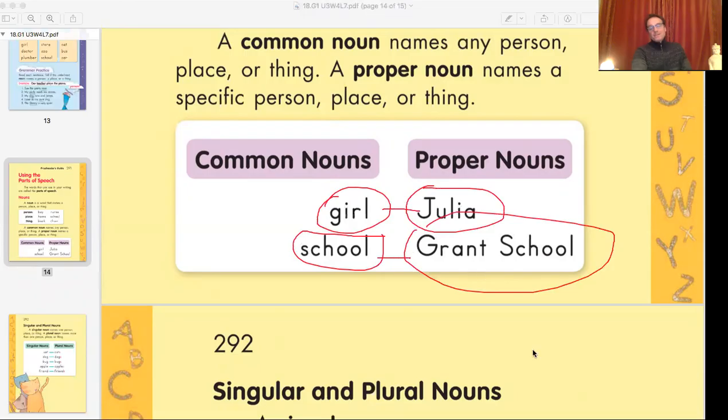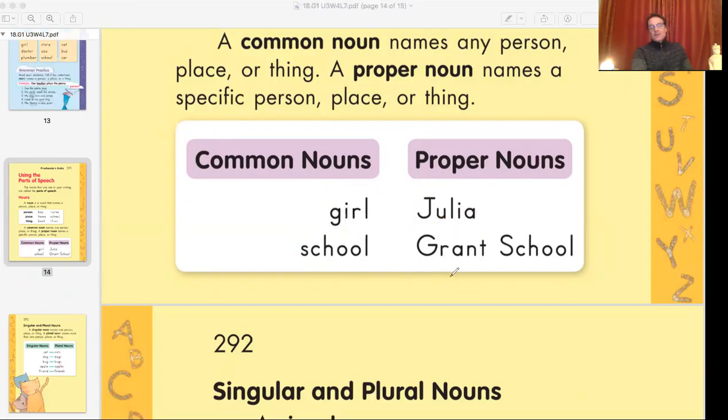A proper noun has what? A proper noun always has capital letters at the beginning, right? Because they're names. Proper nouns are capitalized.